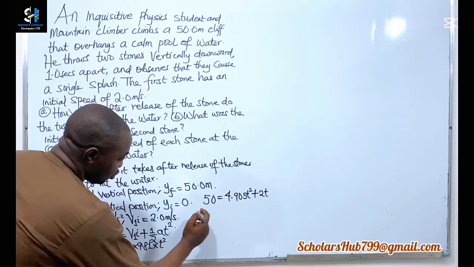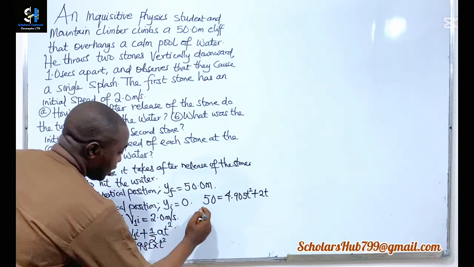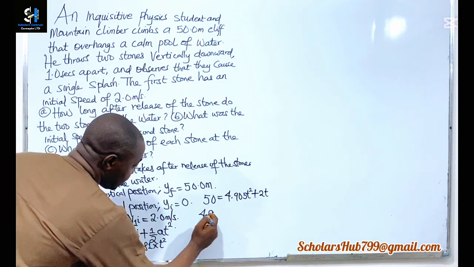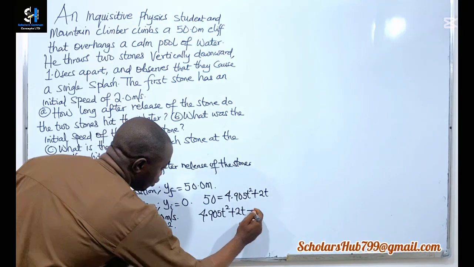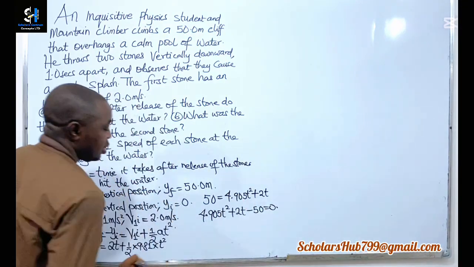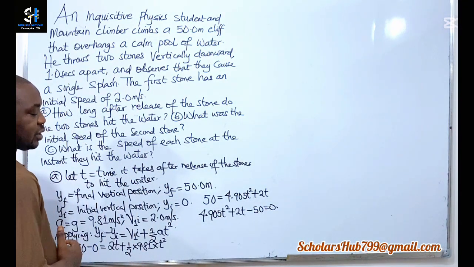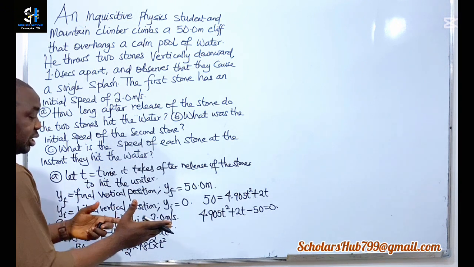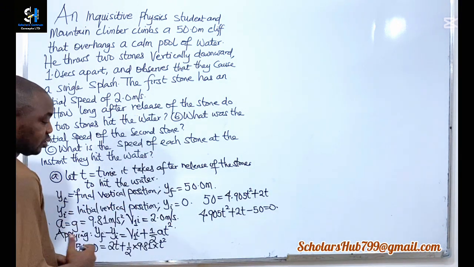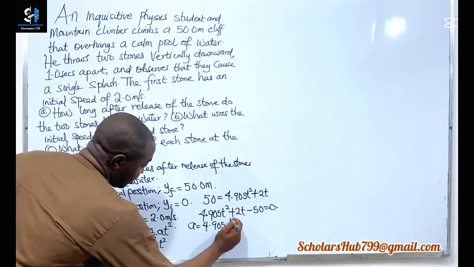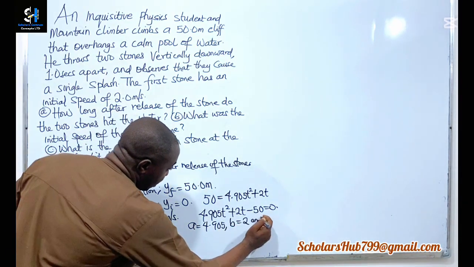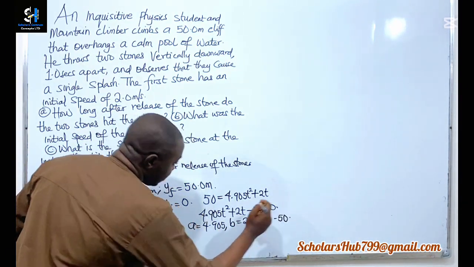Now let me rearrange the equation so that we can have a quadratic equation. So we have 4.905 T squared plus 2T minus 50 equals 0. So now we have a quadratic equation in the standard form. We then have A to be 4.905, B is 2, and C is minus 50.